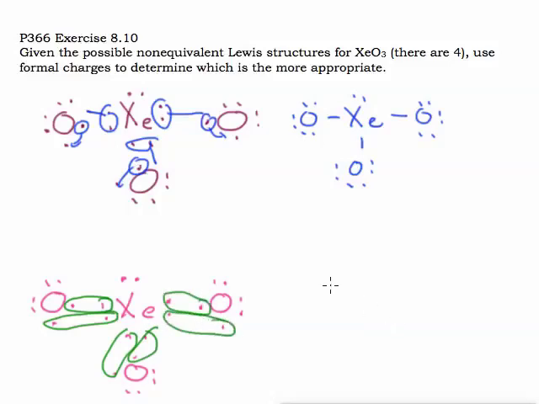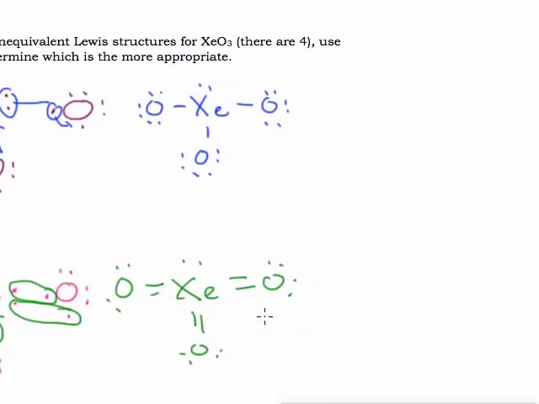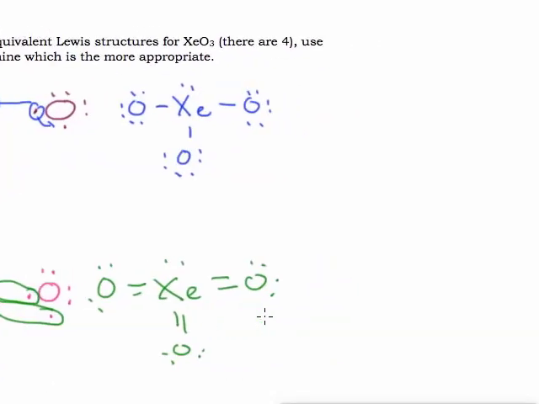And I don't think we need to draw any more structures from scratch, because the other 2 non-equivalent structures are what happens when we mix some double bonds and some single bonds. So in one of them, we can have 1 double bonded oxygen atom and 2 single bonded.